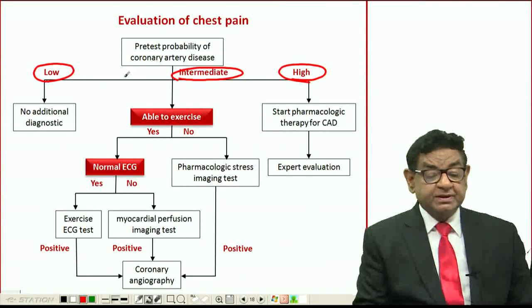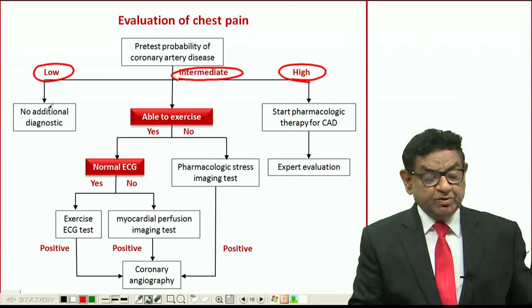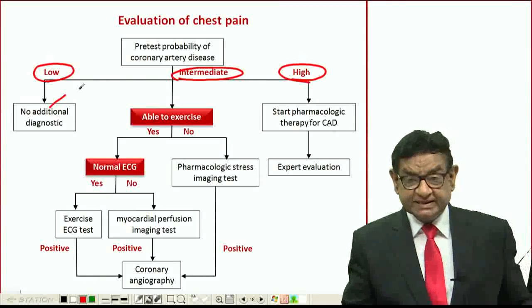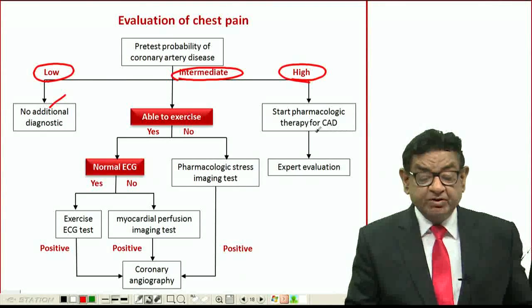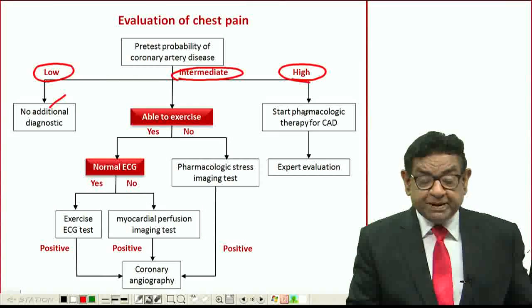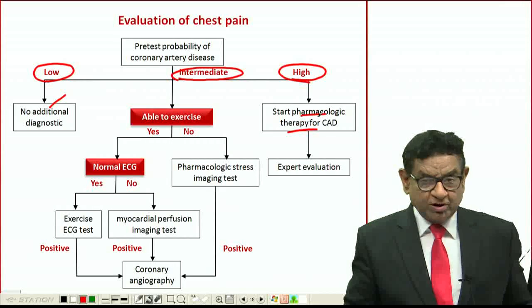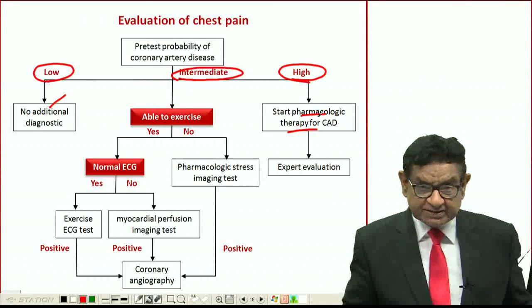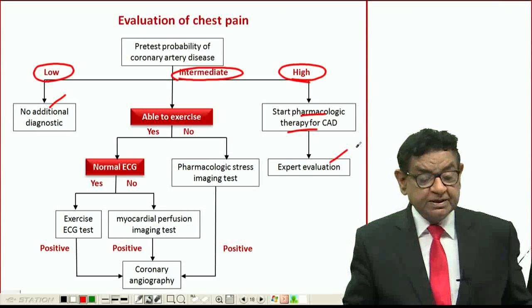Low, the patient just comes with non-specific chest pain. No further testing is required. Patient having high risk, we go for therapy. We start therapy immediately, low dose aspirin or beta blocker, whatever we want, or maybe nitrate. We start immediately and we go for expert evaluation.